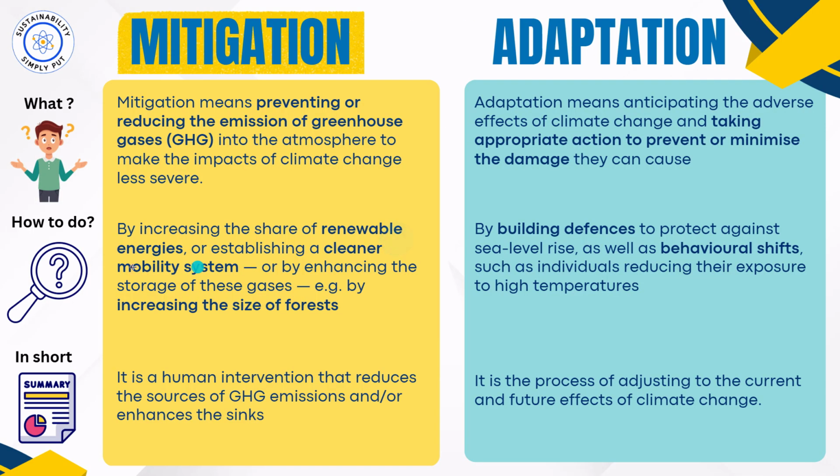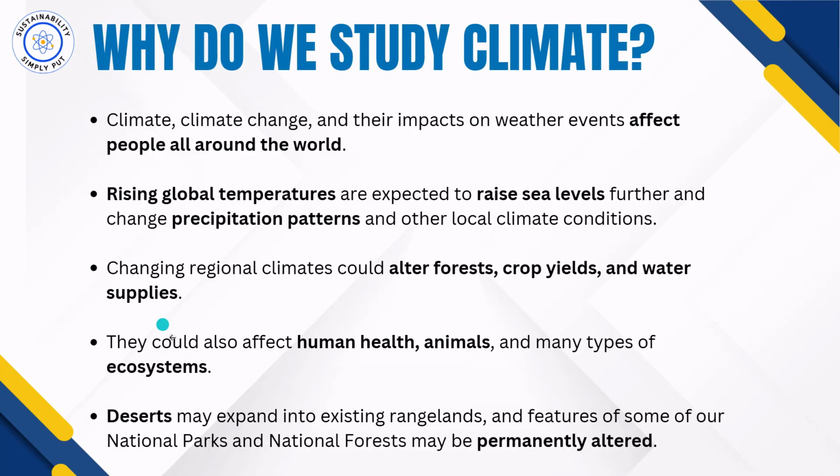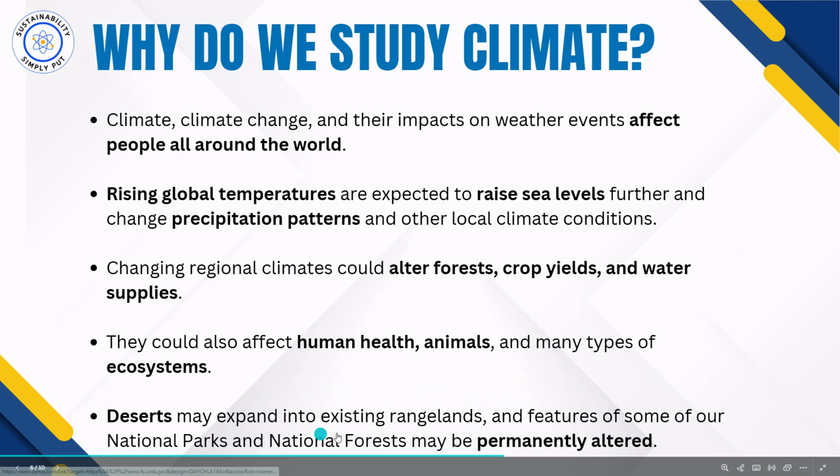And it could also affect human health, animals, and many types of ecosystems. As some examples, deserts may expand into existing rangeland, and features of some of our national parks and national forests may be permanently altered. So desertification is one of the challenges that we have. The ecosystem where we live would be hugely impacted by changing climate, and that's why we have to learn about it.